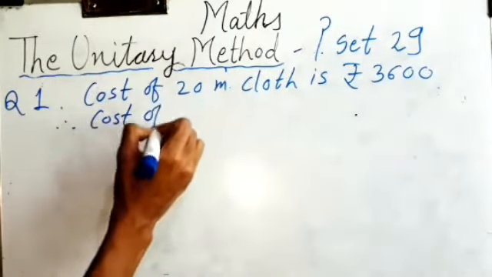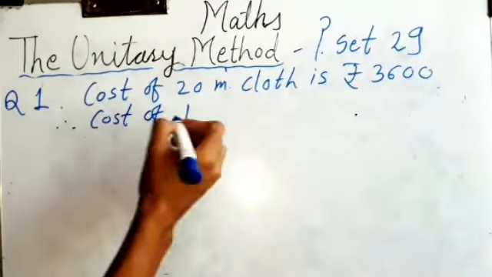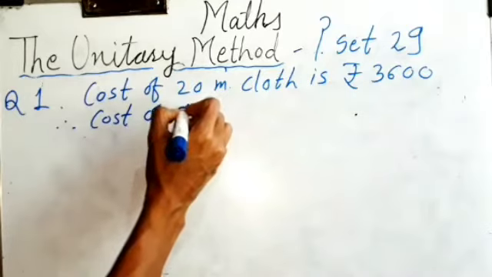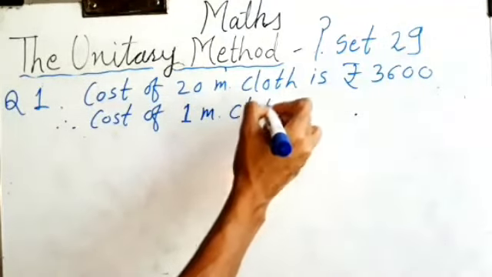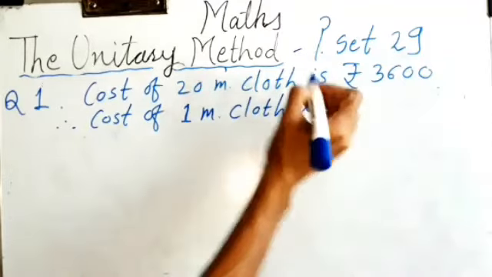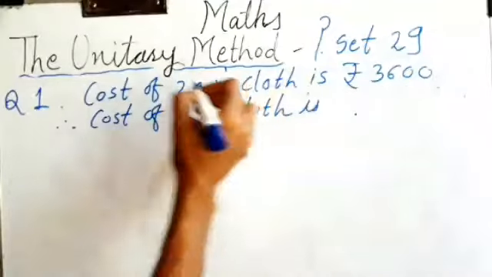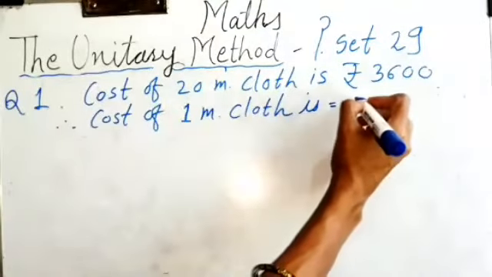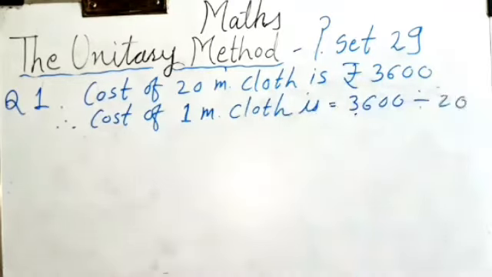I told you, you must find the cost of 1, which is fixed. In the second step you write the cost of 1 meter; the unit is meter, so here also we write meter of cloth. Then you have to divide the two numbers from the first line, that means 3600 divided by 20.